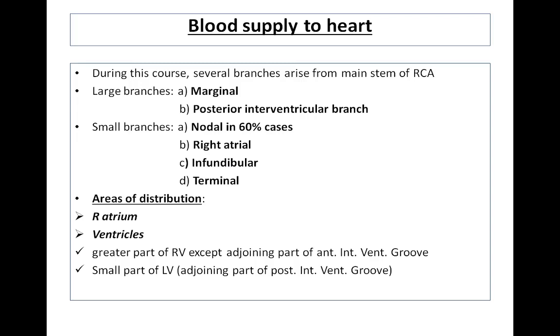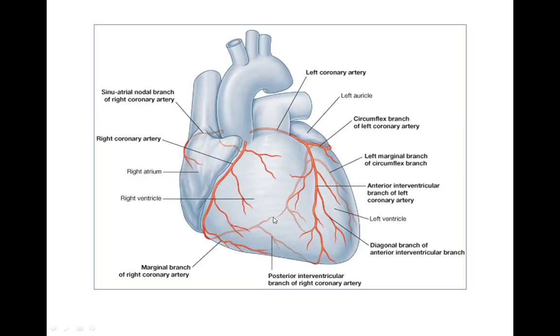In the ventricle there is an outflow part; in the right ventricle, that outflow part is called the infundibular part. So it will give some branches to the infundibular area of the right ventricle. Then the terminal branch, which ultimately anastomoses with the left coronary artery. Here is the anastomosis with the branch of the left coronary.